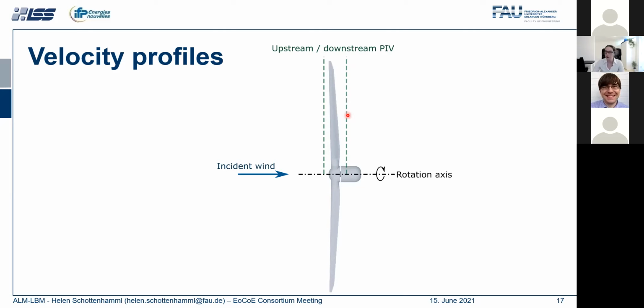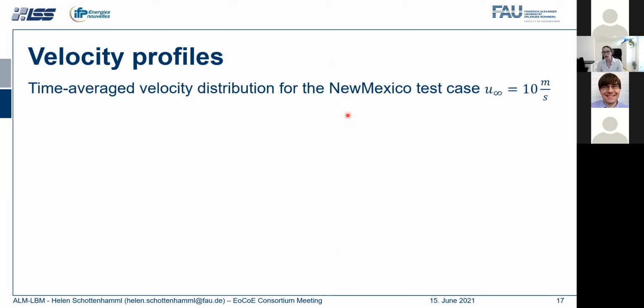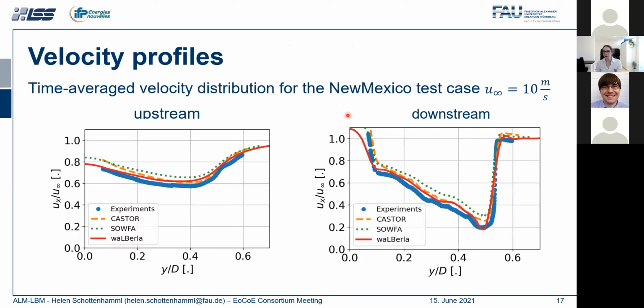And with this, we obtain some time averaged velocity distribution for the same test case again. And upstream and downstream, you can see the velocity profiles here. Again, we match very well the experimental data and the other solvers. So this looks all very good from a physical point of view.